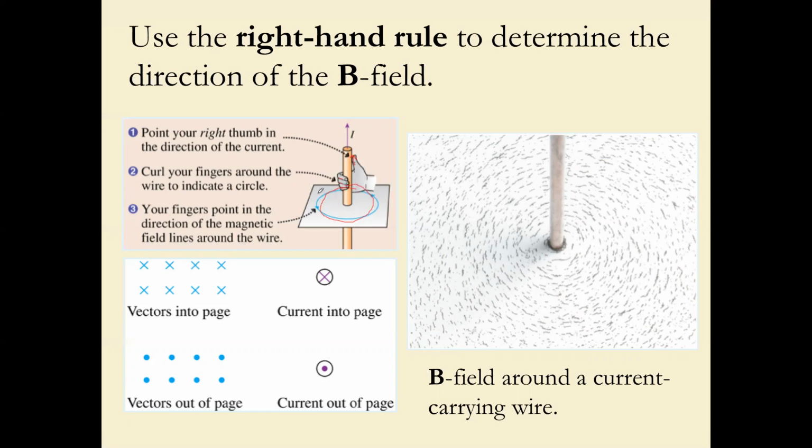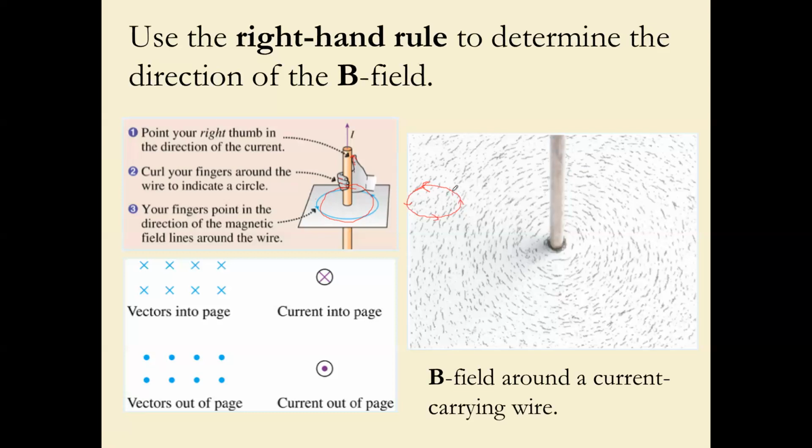At each point, the direction of your fingers will show the direction of the magnetic field around the wire, which means that this is the circle that you create with your fingers. Here is the direction of your finger, here, here, and here.